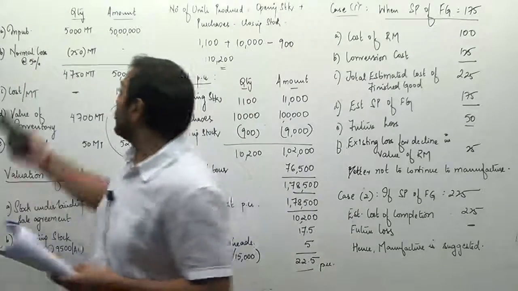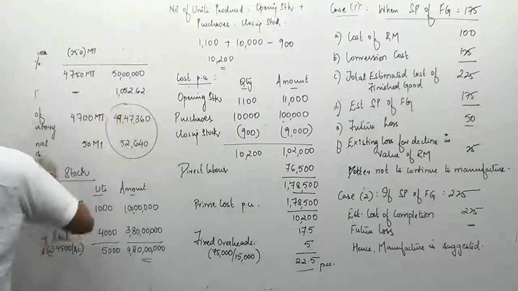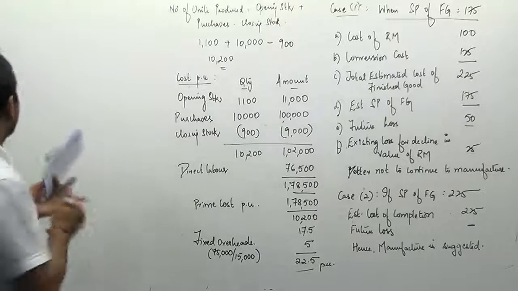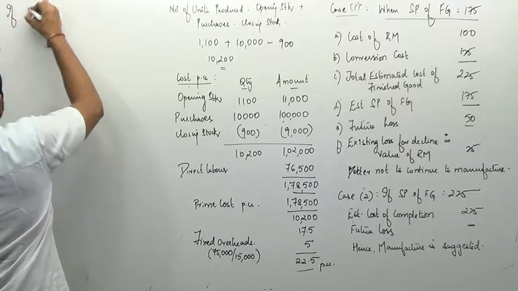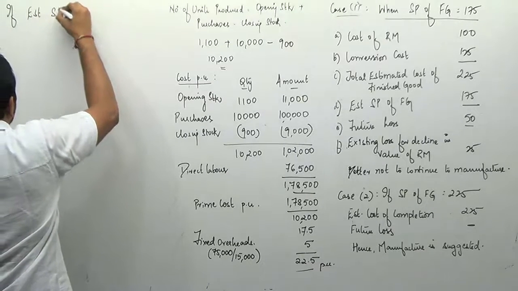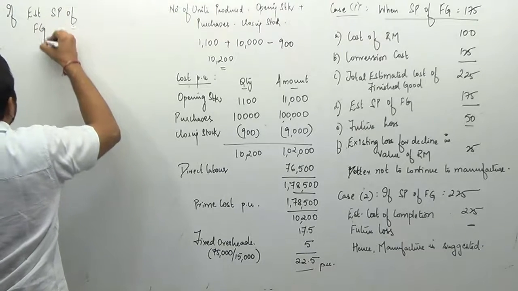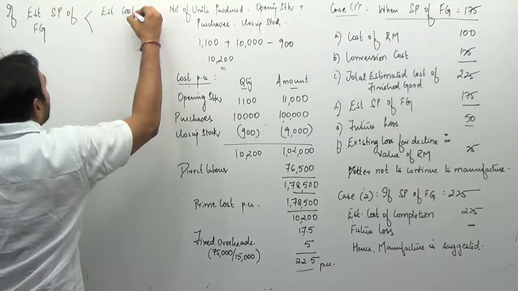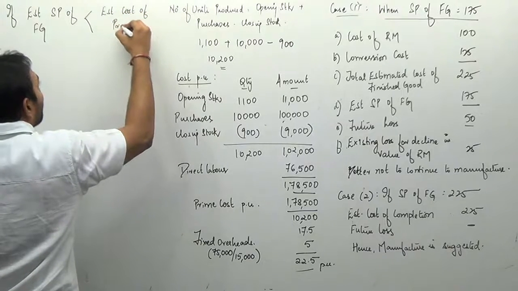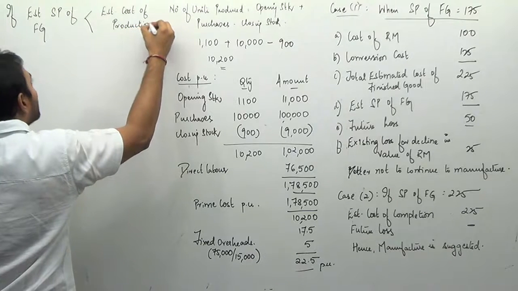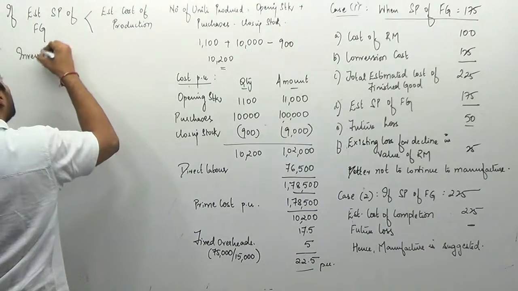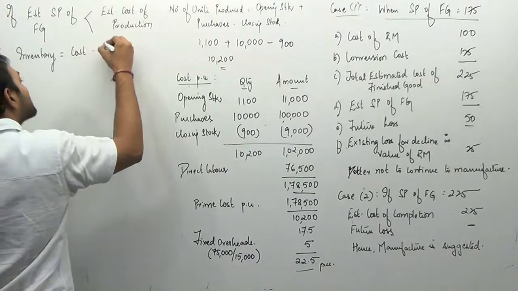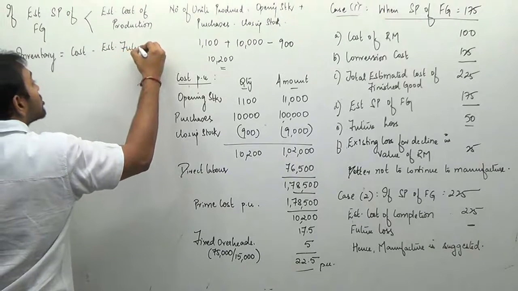So whenever I am trying to value the inventory in the cases where the selling price is less than the cost of production, if the estimated selling price of finished goods is less than the estimated cost of production, in this case, inventory should be valued at cost minus estimated future loss.